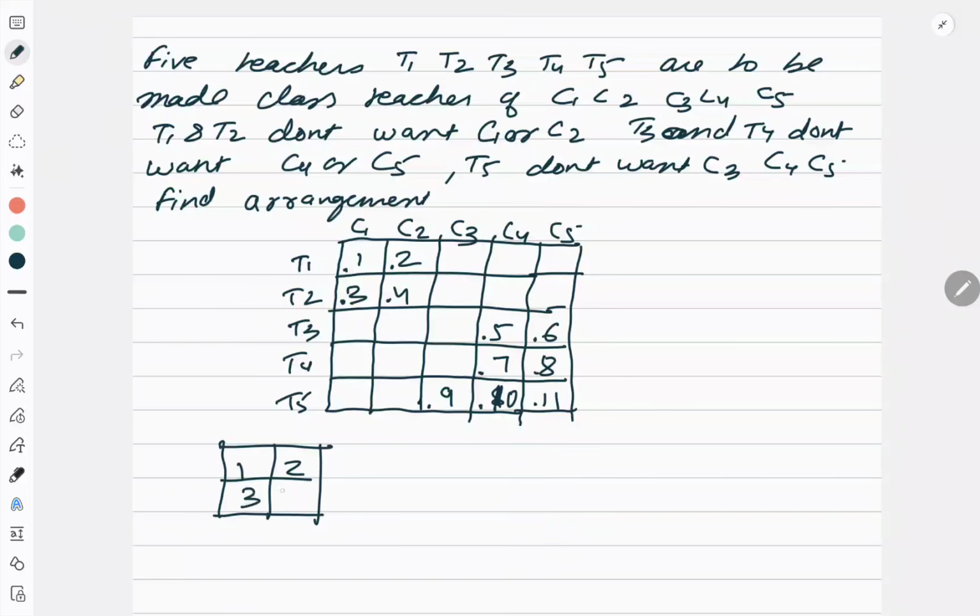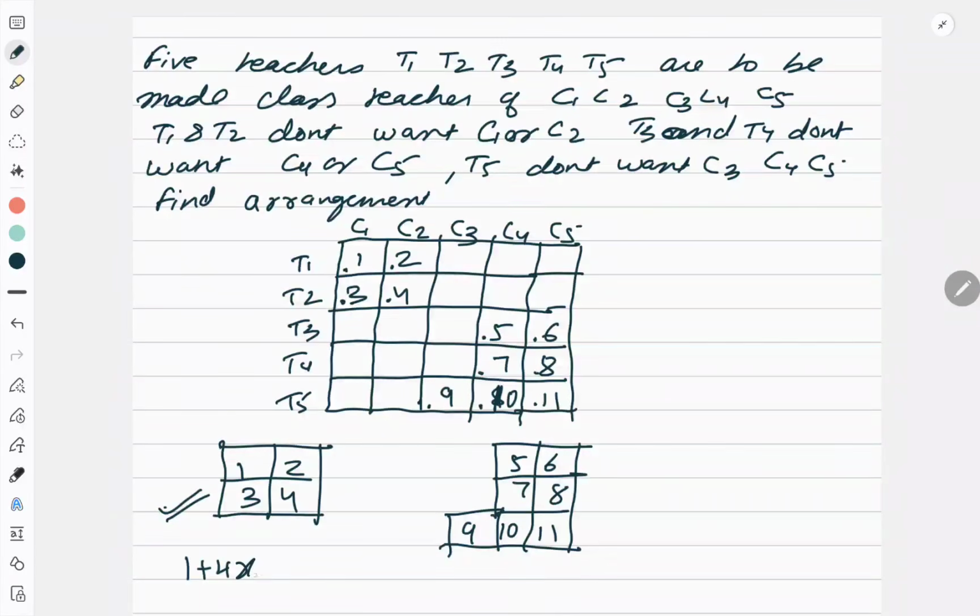So 1, 2, 3, 4 and the other board is like this. So 5, 6, 7, 8 and 9, 10, 11. Correct. Now this 2 by 2 board we have done n number of times and we know the polynomial for this is 1 plus 4x plus 2x square.